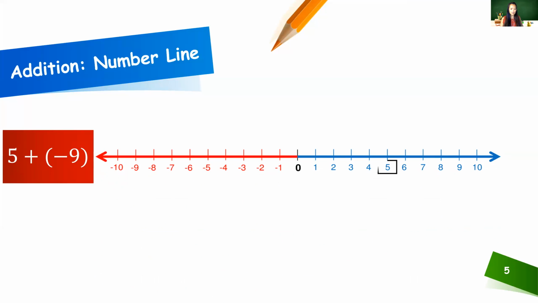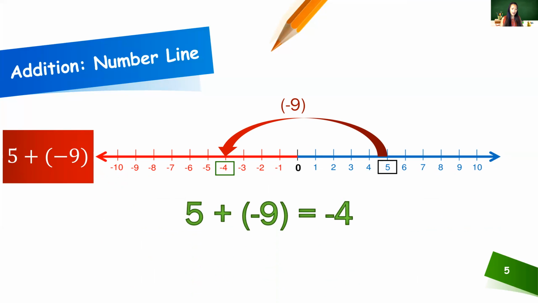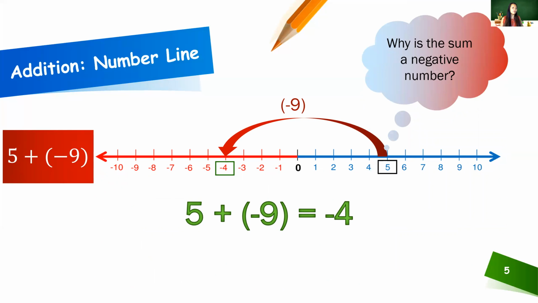Locate 5. Add -9 means go in the opposite direction of adding 9, right? So we're going to move to the left 9 units. And when you do that, you would end up at -4. So we would say 5 plus a -9, the answer is a negative number, and that number is -4.